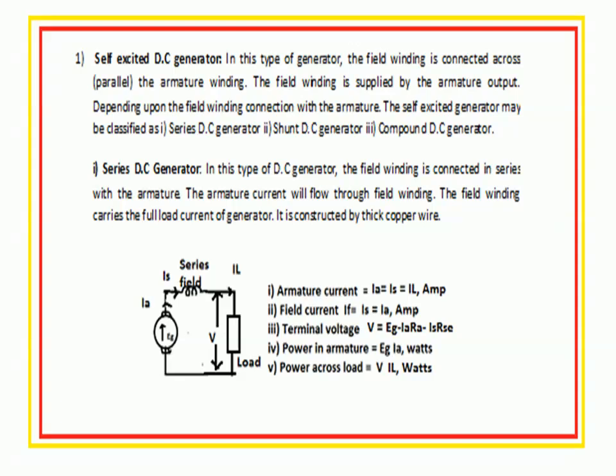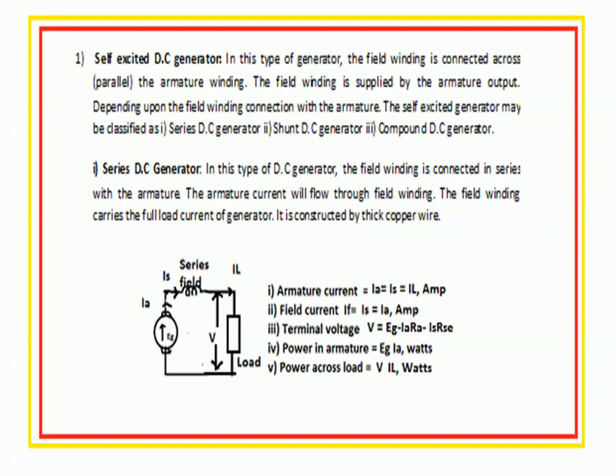V into IL, where V is the voltage and IL is the load current. Power developed inside the armature is EG into IA watts. Power across the load equals V into IL watts.